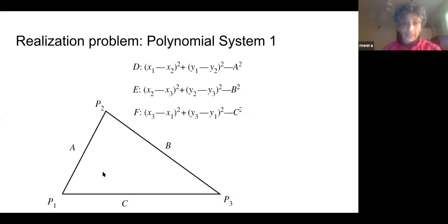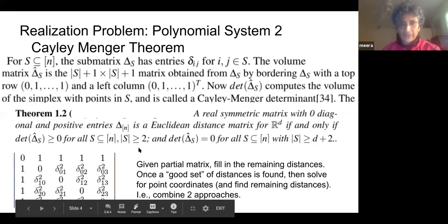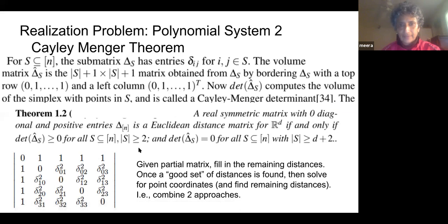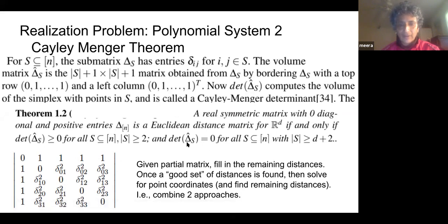I just wanted to say that you could be looking at a different polynomial system. You could use, for example, the fact that Euclidean distances must satisfy the Cayley-Menger equalities and inequalities, which essentially look at a certain matrix and assert that the principal minors, which correspond to volumes of simplices, should vanish in a certain dimension, and they do vanish.